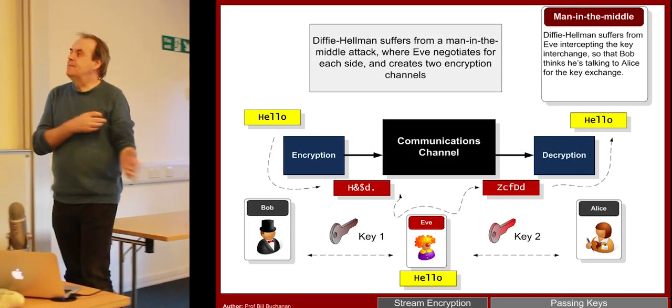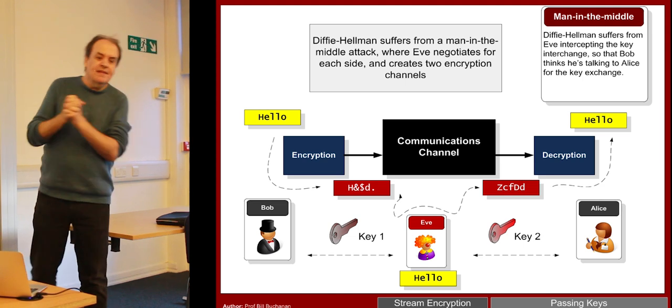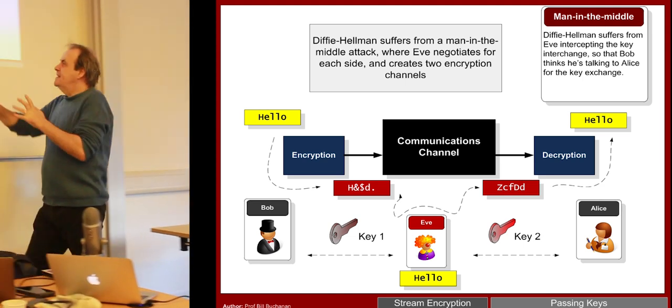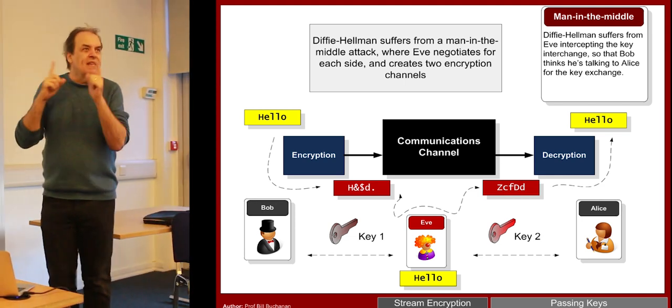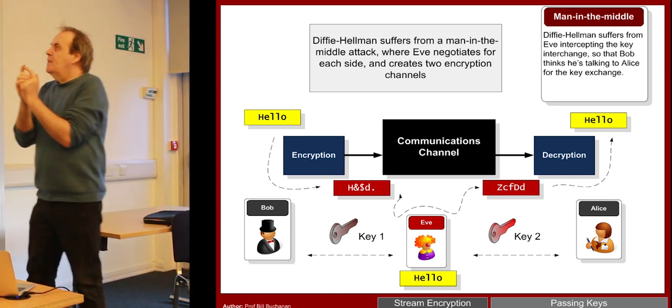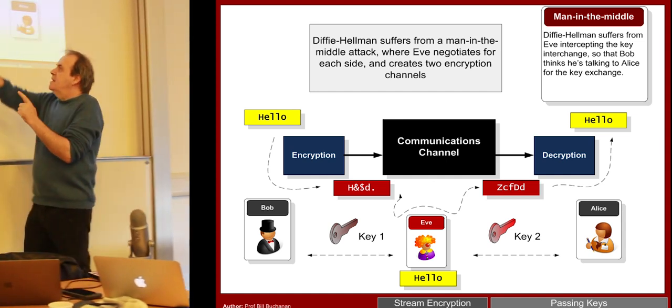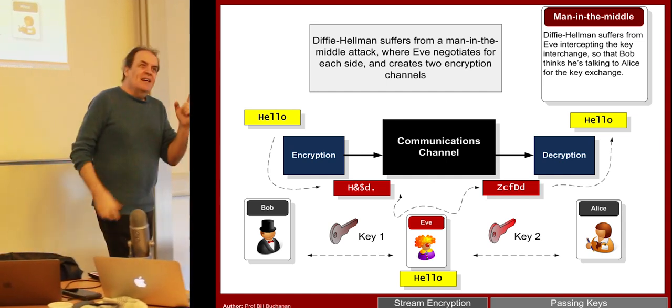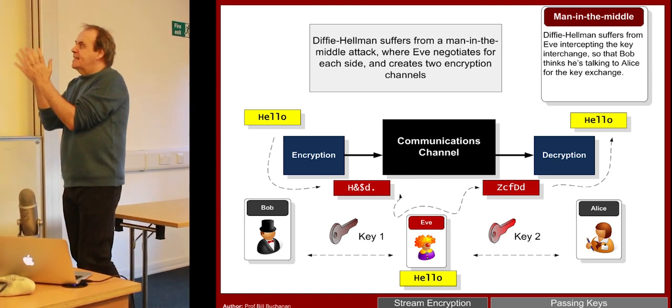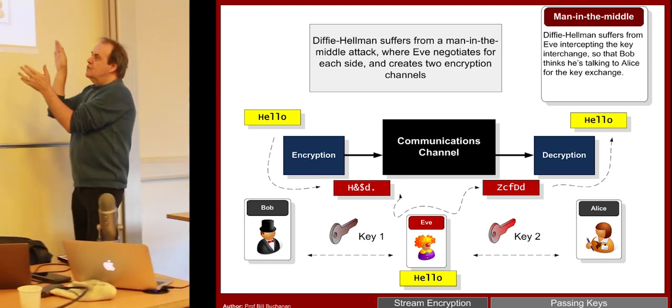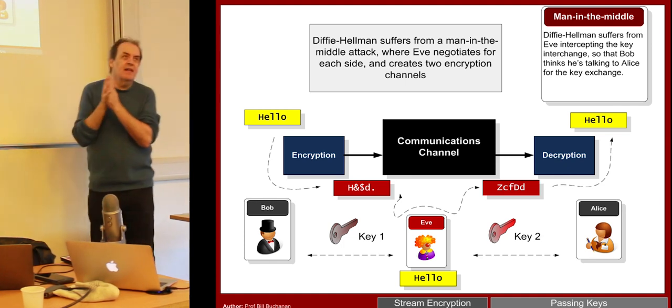The biggest problem, though, with the Diffie-Hellman method is the Eve in the middle. There is no way of knowing that Eve is in between. And the way it works is that Bob negotiates a key with Eve, and also another key with Alice.